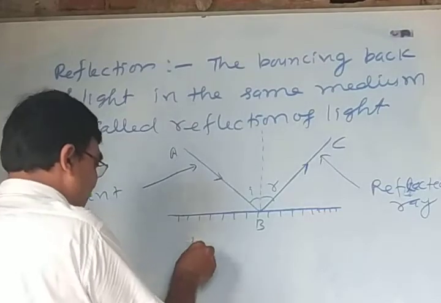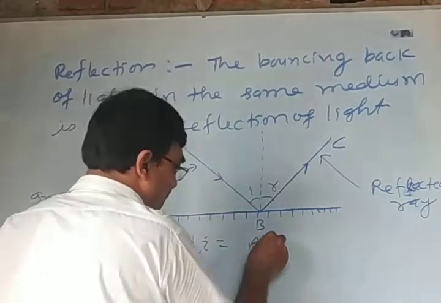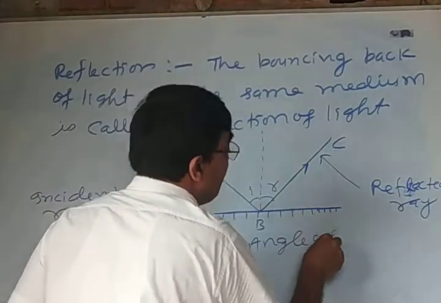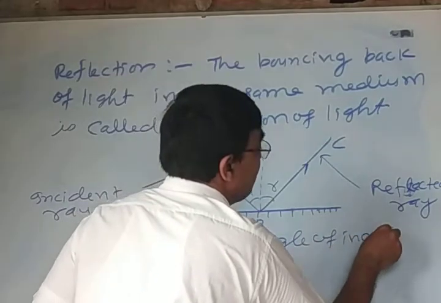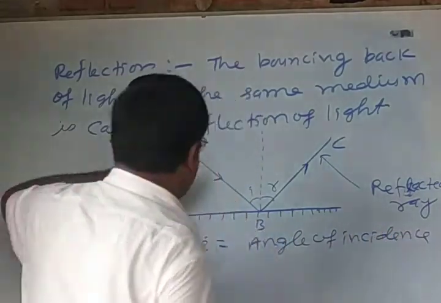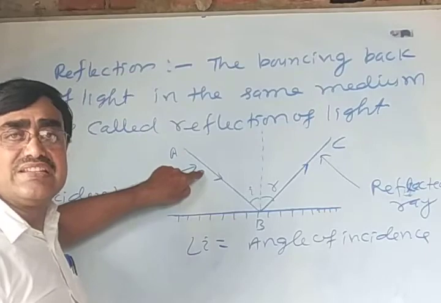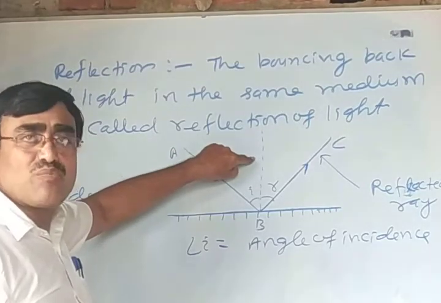Angle I is called the angle of incidence, that means the angle between the incident ray and the normal.